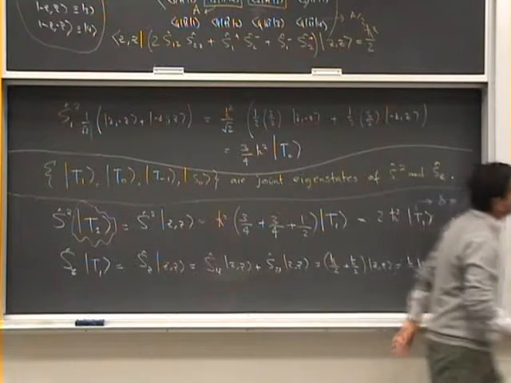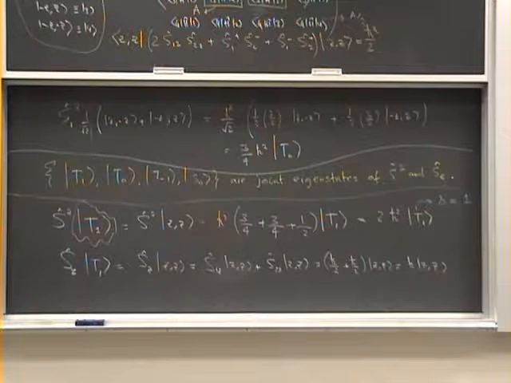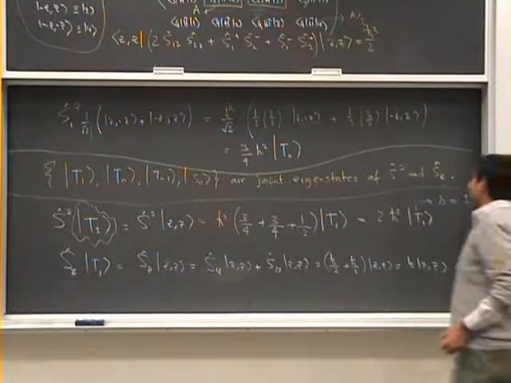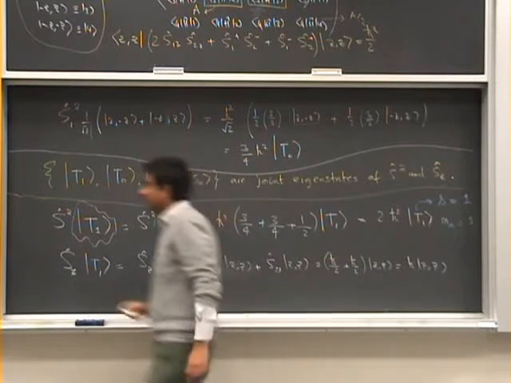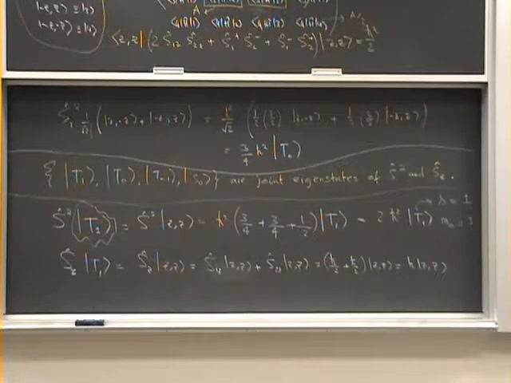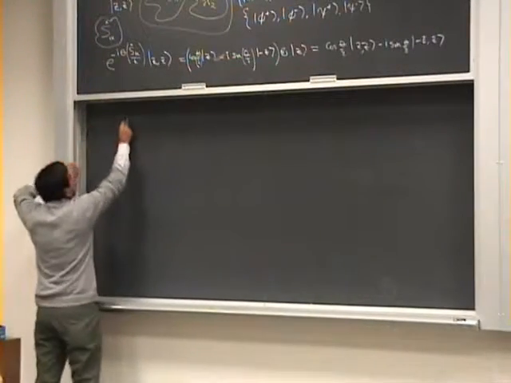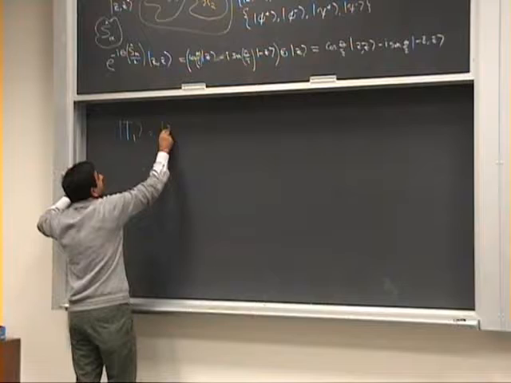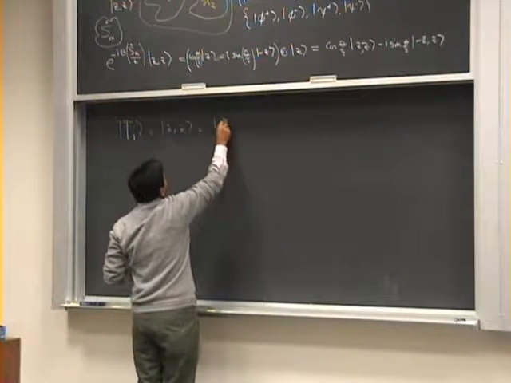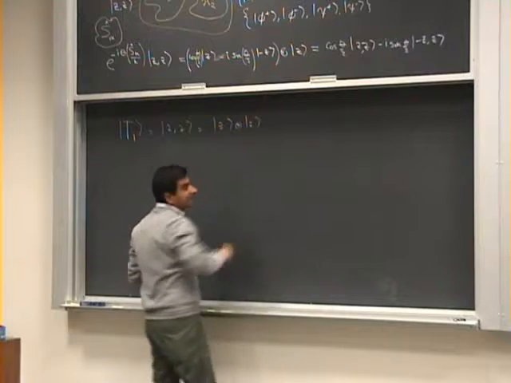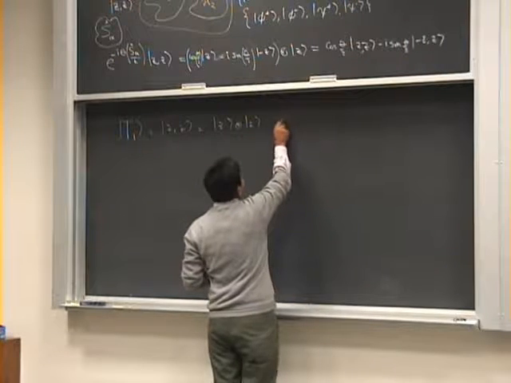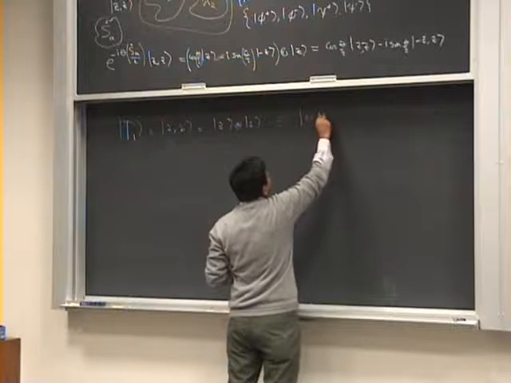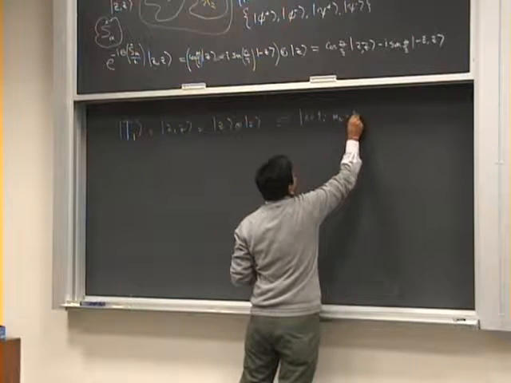Now if I compare this expression with this expression, what's the value of ms? 1. Hence, what this really means is that this state T1, which is the direct product of the two up kets, is also an eigenstate of S square, of the total spin quantum number. And this state can also be written as S equals 1, MS equals 1.